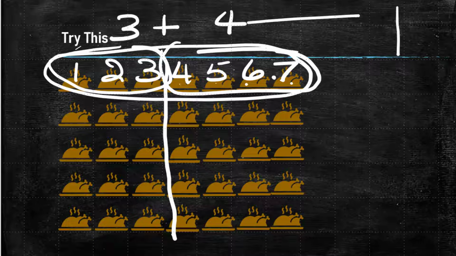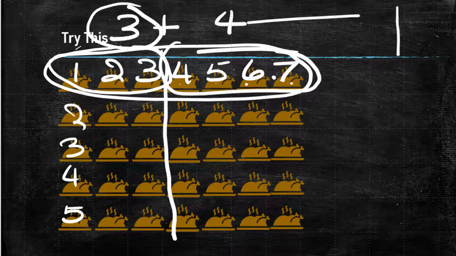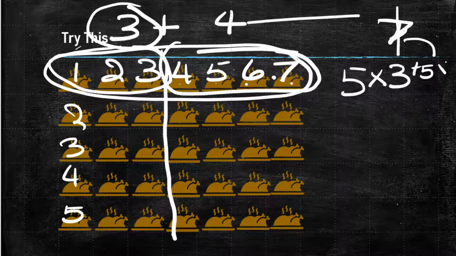So when I consider the 3 here, I'm really doing 5 rows, 5 times 3. I broke apart the 7, so it's essentially 5 times 3 plus 5 times 4.